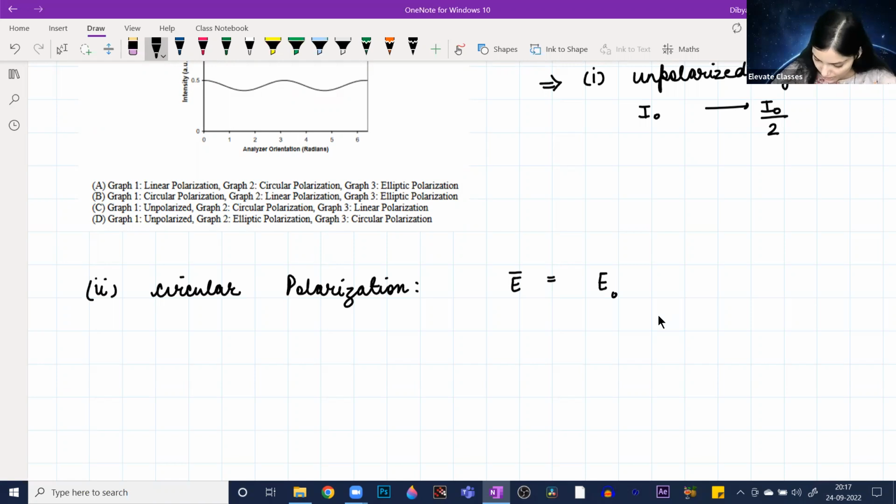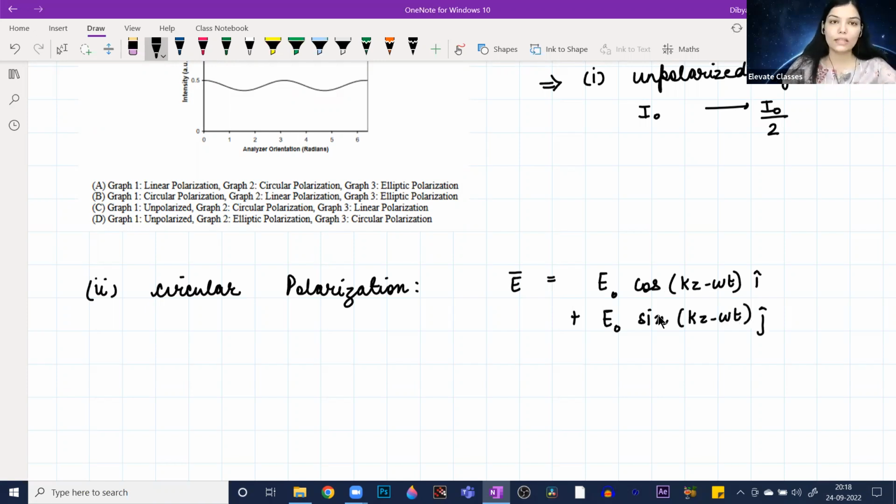So ये हम पढ़ चुके हैं. हम उसको लिख सकते हैं E0 cos(kz minus omega t) I cap plus E0 sin(kz minus omega t) j cap. फिलहाल we are not interested in the fact that is it RCP or LCP. We are only interested in one circularly polarized beam.